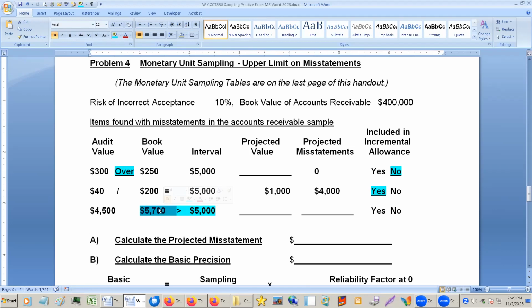Okay, and this may cover one interval, it might cover two, possibly. But at this point, notice that everything in this $5,000 interval is covered. Every data point is covered. There's 5,000 data points in here, and every one of those is covered. Now, what we're going to do is the actual misstatement.